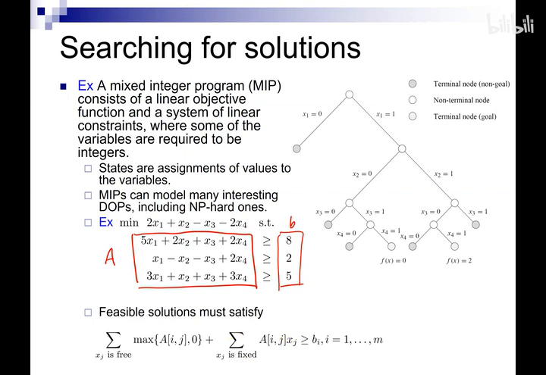Now for the remaining variables that you haven't set yet, those can either be 0 or 1. If they're 0, then you just get a value of 0 from that variable. For example, if you set x1 to 0 over here, then this 5 times x1 is just 0. However, if you set it to 1, then you get the value aij. For example, if this guy gets set to 1, you get 5 over here. If this guy gets set to 1, then you get a -1 over here.